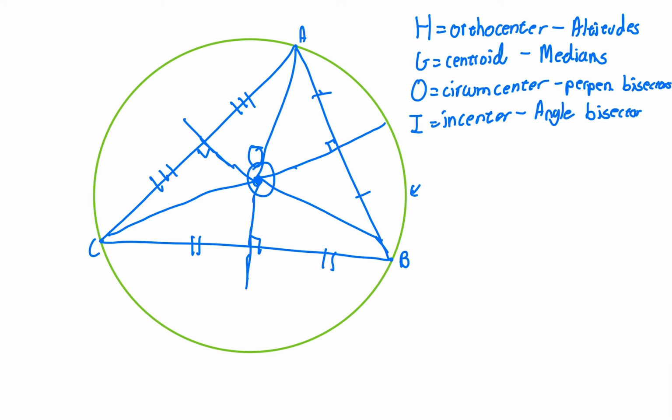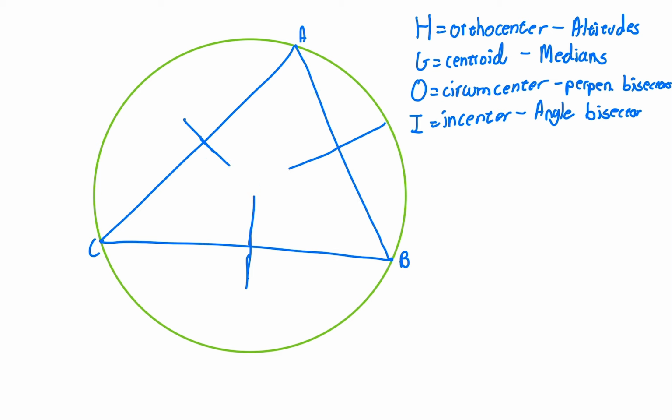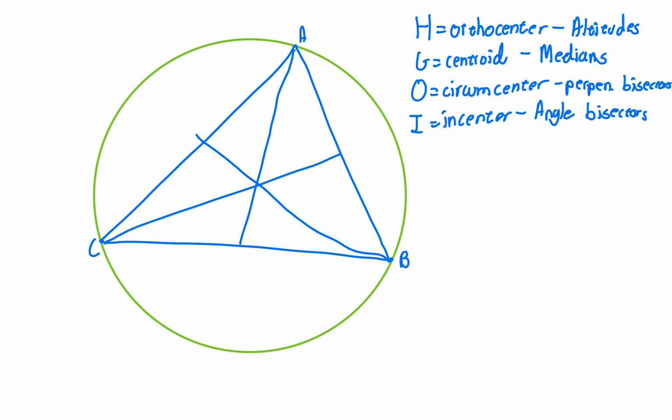Finally, the incenter, which doesn't play that big of a role in complex bashing, but we'll mention it anyway. Now let's look at angle bisectors.